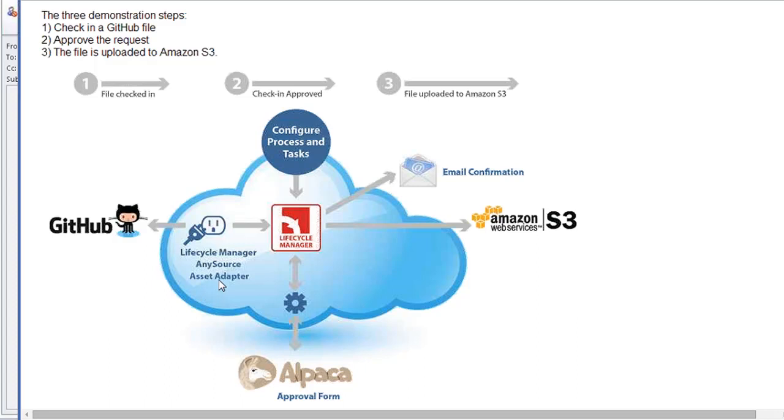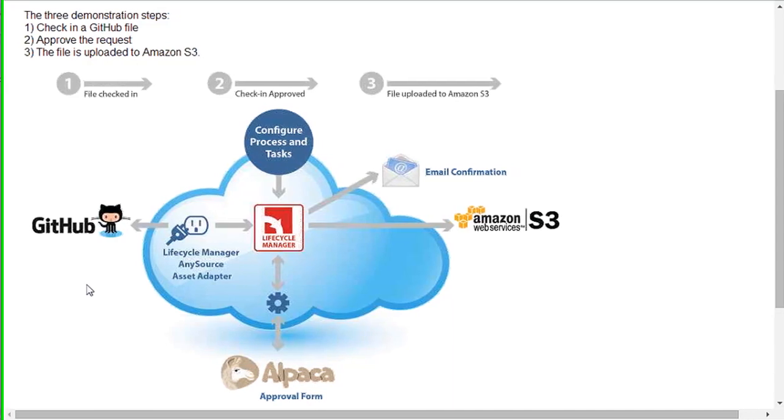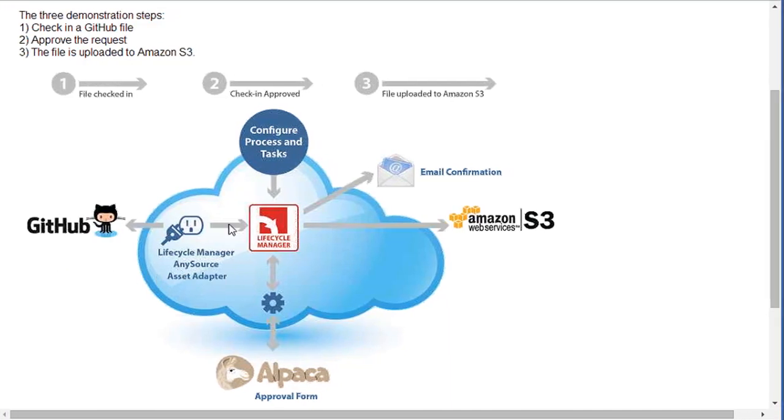And then our any source asset adapter in Lifecycle Manager is going to be notified that GitHub has a new file in place. And it's going to retrieve that file, parse it, and kick off the Lifecycle Manager automation process or provisioning process.